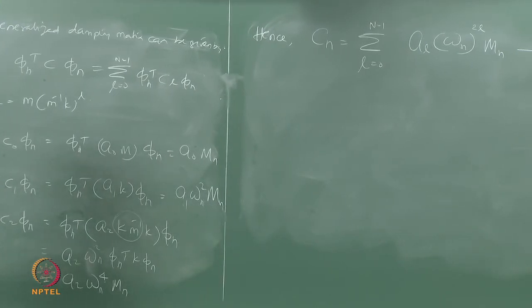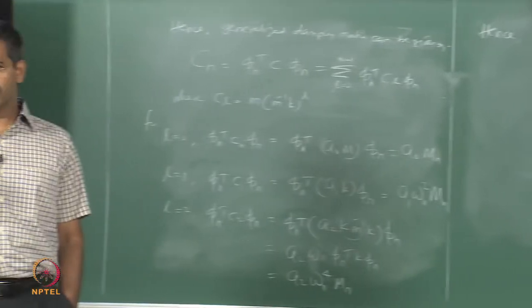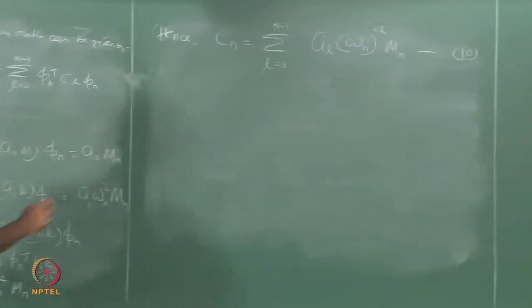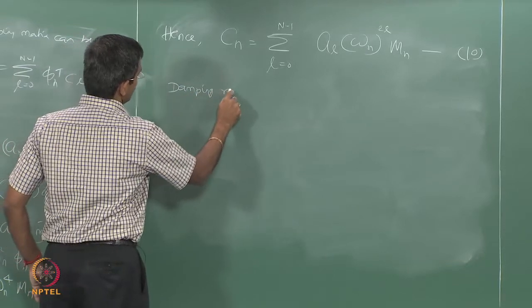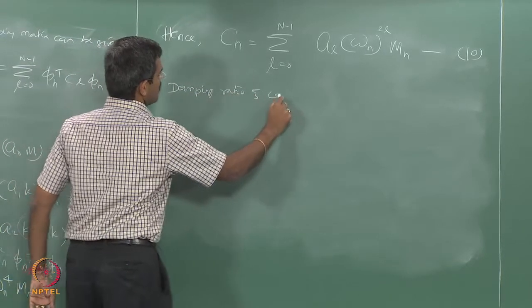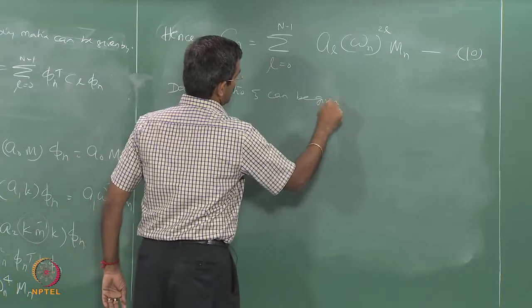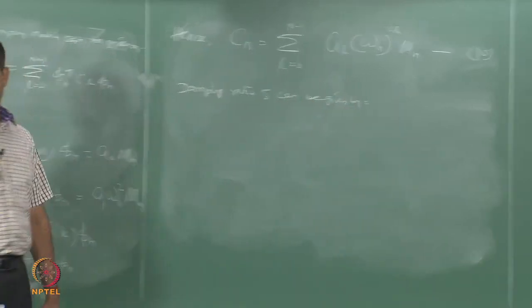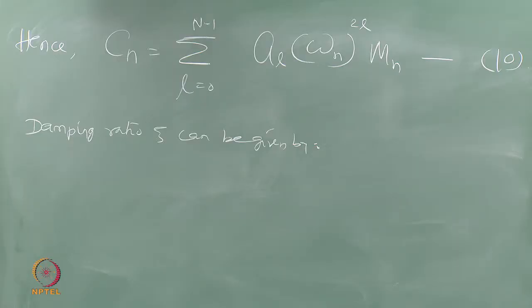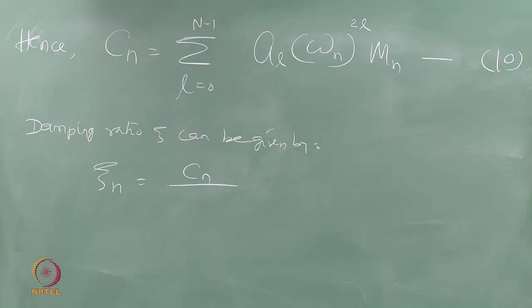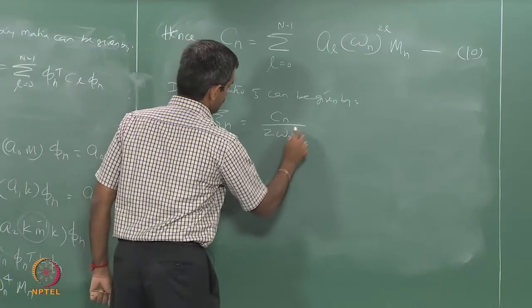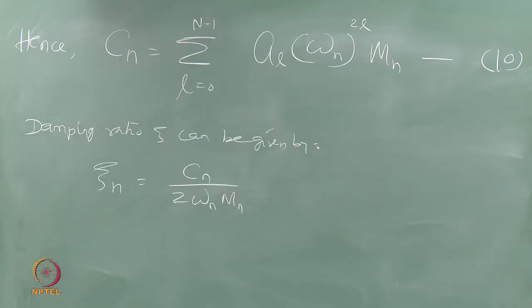My worry is to compute zeta. I want to work out the damping coefficient zeta. Now, the damping ratio zeta can be given by zeta n is equal to Cn by 2 omega n m, that is a classical expression.